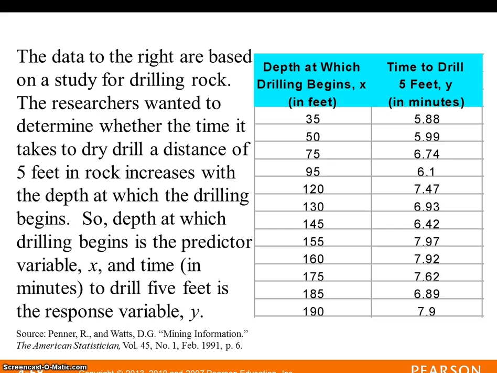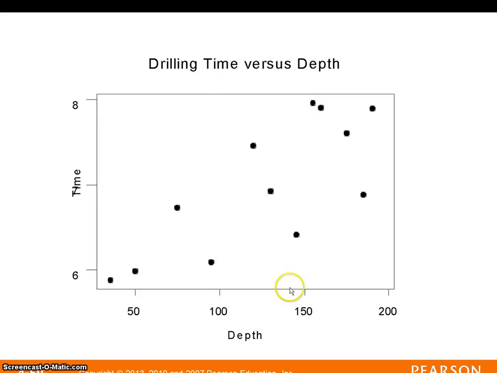The data to the right are based on a study for drilling rock. We've seen this before, right? Here's the time to drill a particular depth. In this case, the x-coordinate is the depth you're drilling to, and the time to drill is given over here. If you plot the data, it looks like this.